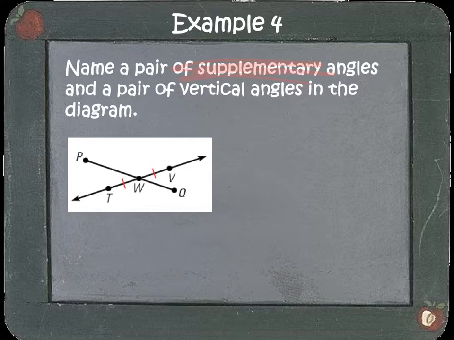TWV. Okay, so she's saying T, W, together. I need two separate ones, because TWV itself is a straight angle, but I need two angles to make it supplementary. It's a pair. We need 3 letters to name an angle.